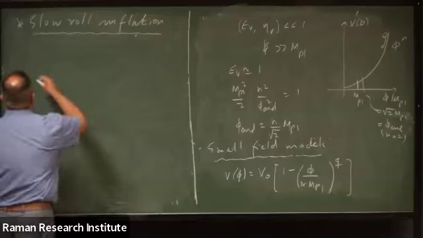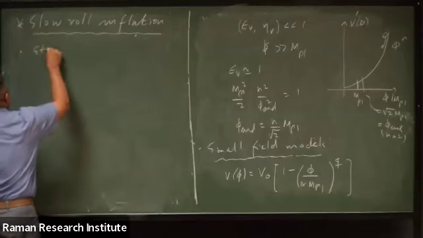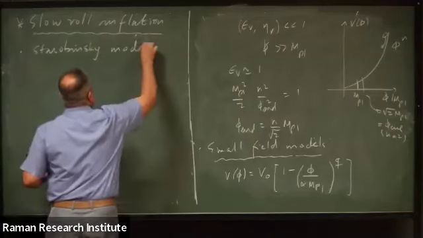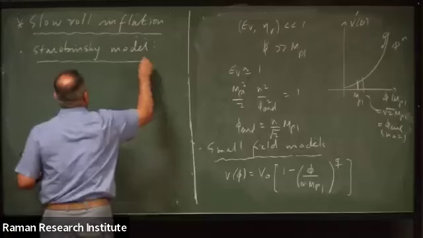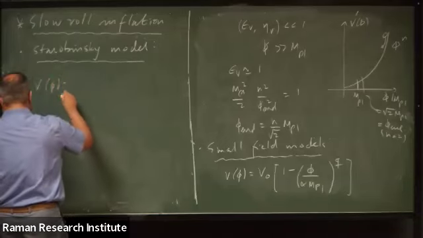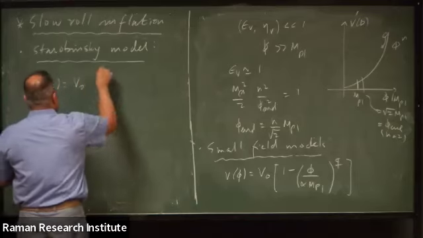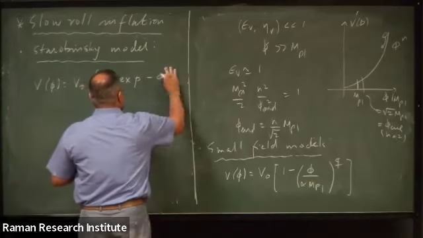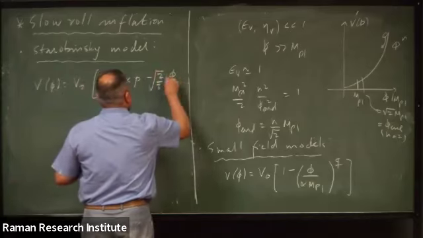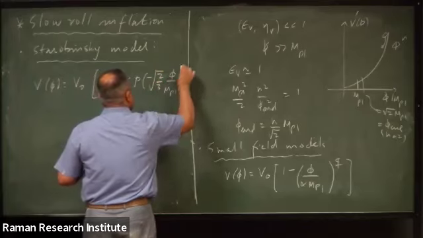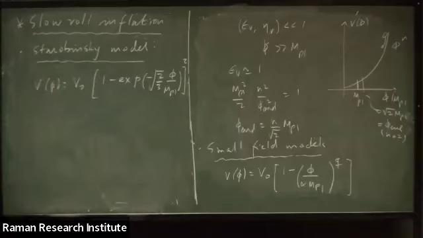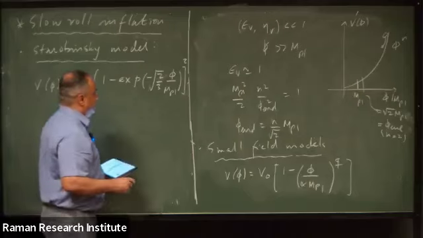So this is a very popular model. It contains only one parameter, which is this overall factor, exponential minus root 2 by 3 phi by MPL, whole square. It's an interesting question to ask how this potential arises. How did people arrive at this potential? You can ask me later.